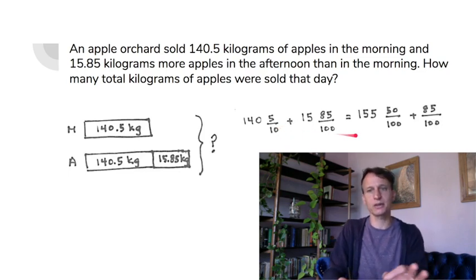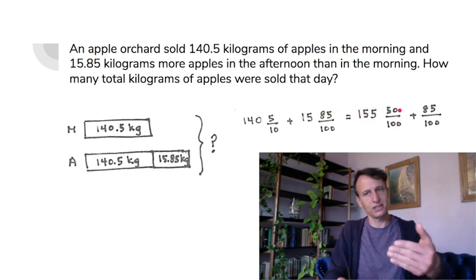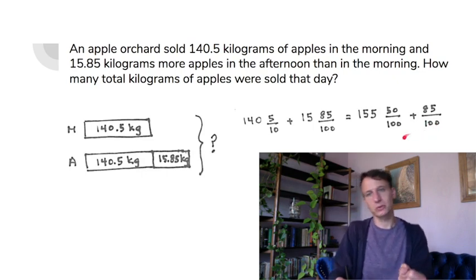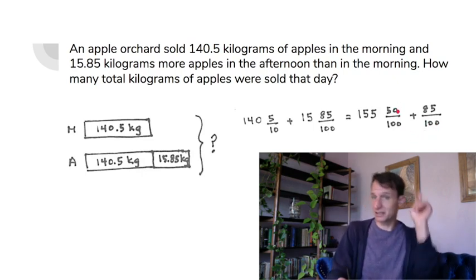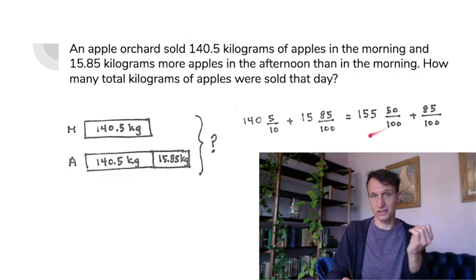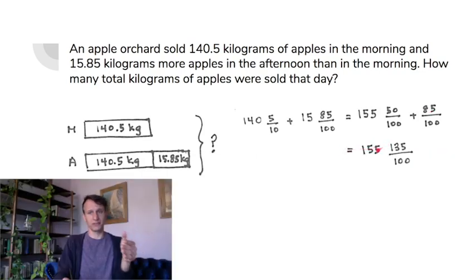Okay, so when we put those together, we take the 140 and the 15. Let's just add those. 155. 50 hundredths and 85 hundredths now. I would mentally split the 15 off that I need to get this to 100, right? And that's 35, so 135. Good. 155 and 135 hundredths.